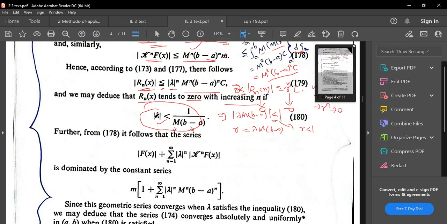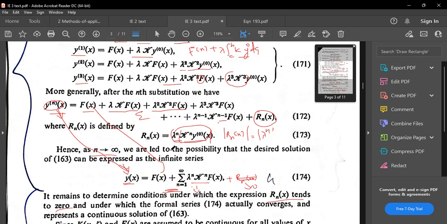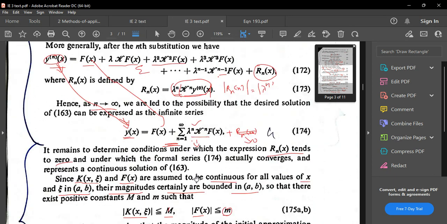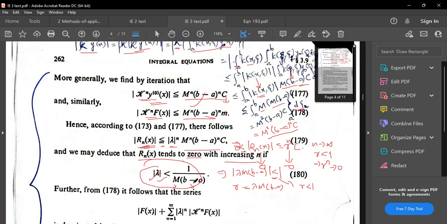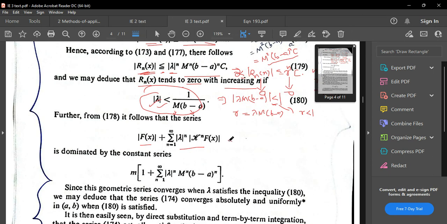So when this condition prevails, we have this remainder going to 0. Also, we have to check whether this series converges or diverges. For this we pick up the series mod f of x plus summation of this one. This will be less than or equal to mod f, which is less than or equal to M plus summation, and this modulus lambda raised to n, Kn f of x will be less than or equal to M to the n, (b minus a) raised to n.